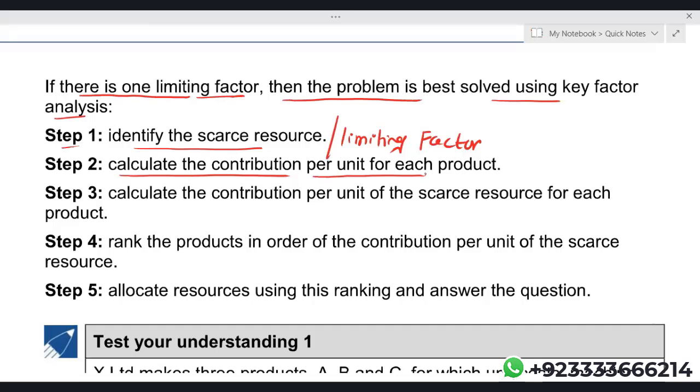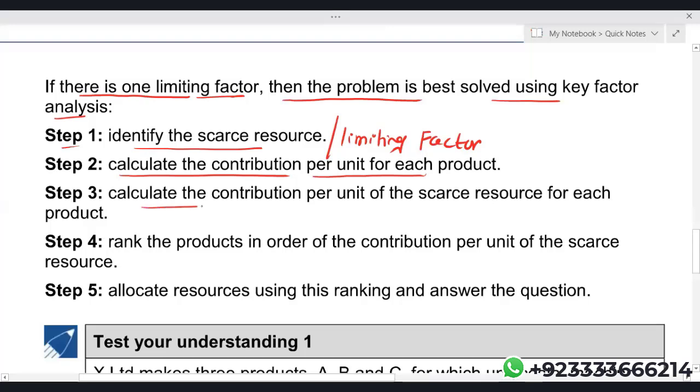And let me tell you, the limiting factor is always identified at the maximum demand. For example, if you come across a question where two types of demands are given, one is normal demand, another is maximum demand, the limiting factor is always identified at maximum demand. Never forget this concept.